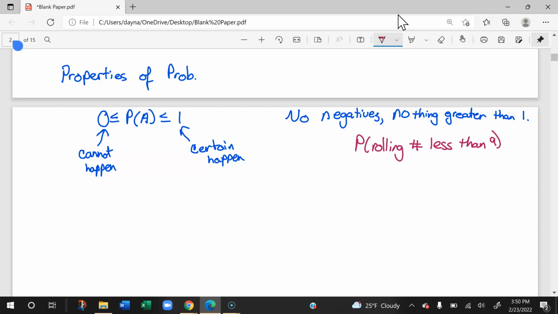Well, if I think about my die, every single one of those numbers is less than 9. So 6 of those numbers are less than 9 out of the 6. So that's going to be a 1. Now don't worry about 7 and 8 because they're not part of our sample space anyway. Yes, they're less than 9, but they're not part of our sample space. It is certain that any number that I roll is going to be less than 9.